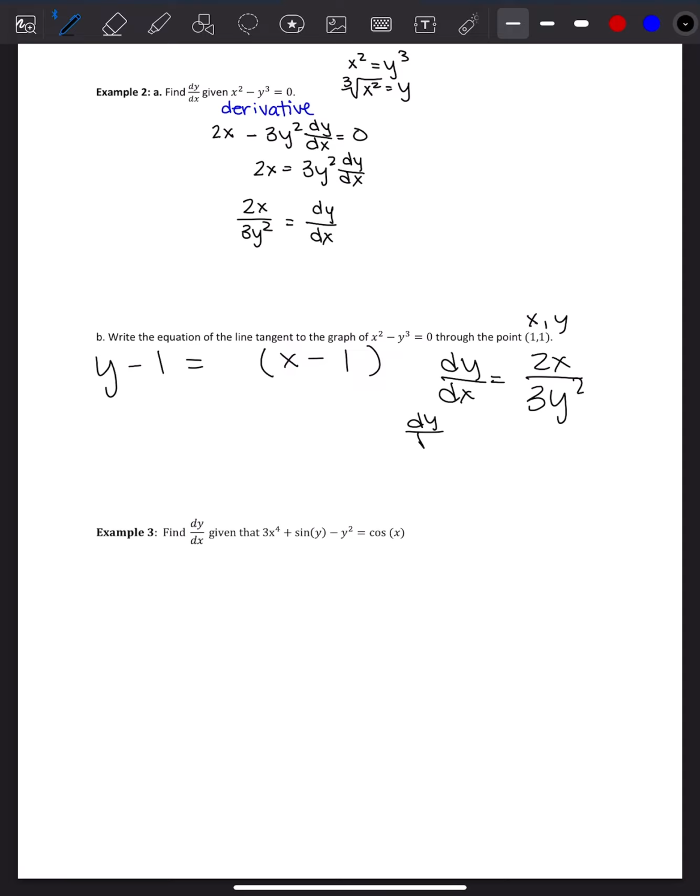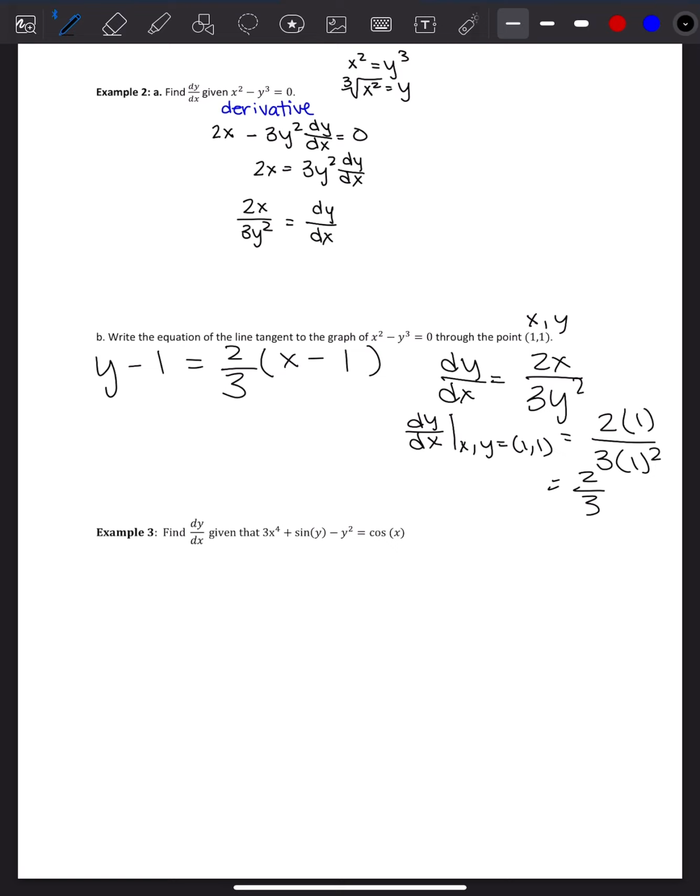So dy over dx evaluated at (x, y) equals (1, 1). So 2 times 1 divided by 3 times 1 squared, so 2/3. So I know my slope is 2/3, and our equation is y minus 1 is equal to 2/3 times x minus 1. And I can leave it just like that.